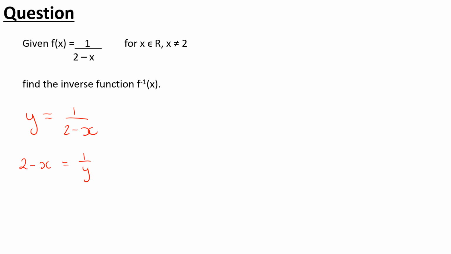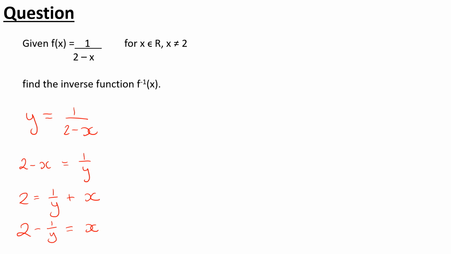This time, because there's a minus x, personally what I would do is I would take that minus x over. It's not very nice dealing with a minus x. So if I take that over to the right hand side, now it's positive. And then I could just subtract the 1 over y fraction. Now that's definitely not the only way of doing that, but that would be my preference.